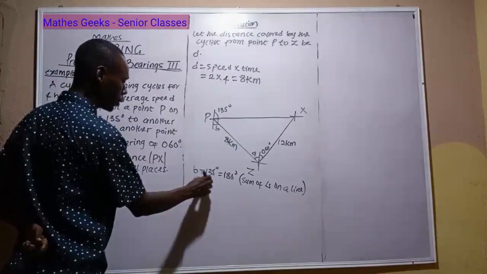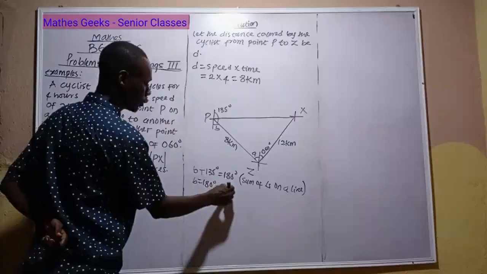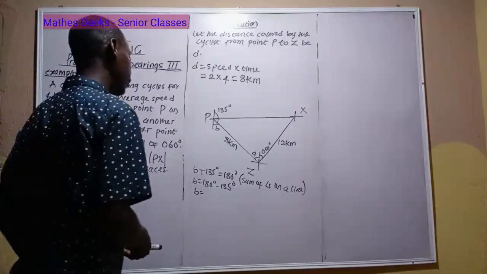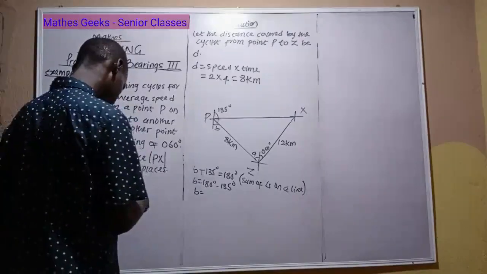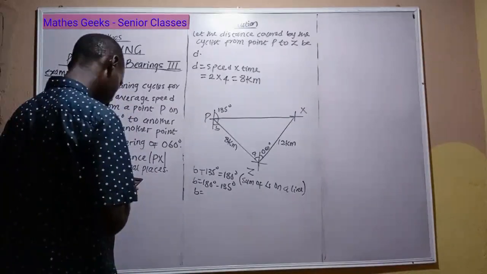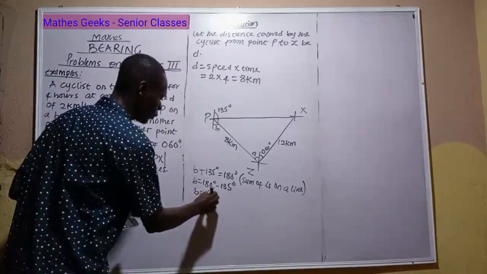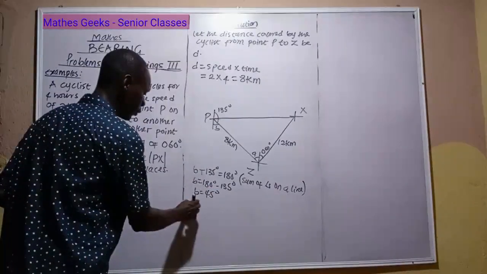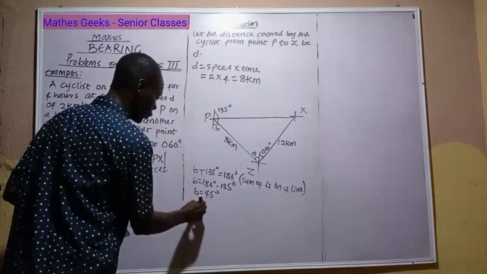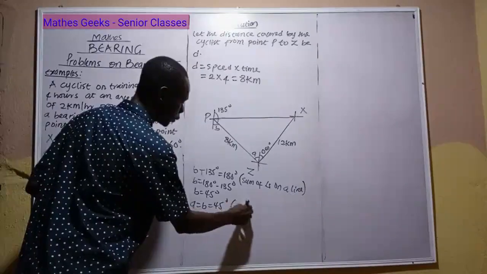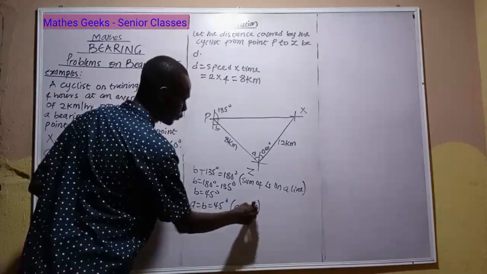So this equals 180 degrees minus 135 degrees. B is equal to 45 degrees. E is equal to B, equal to 45 degrees, because of alternate angles.